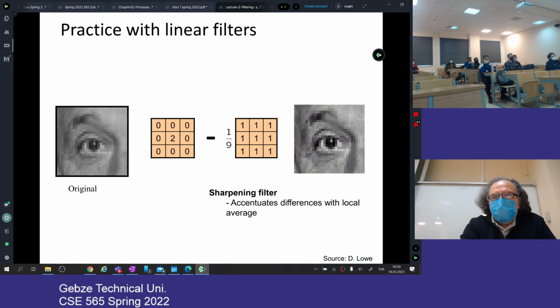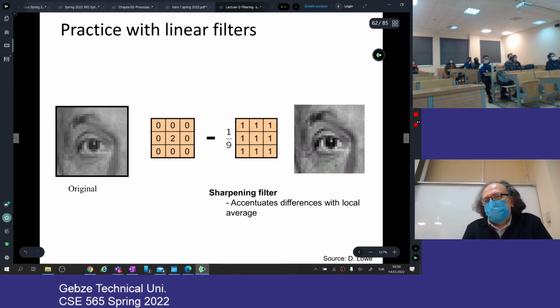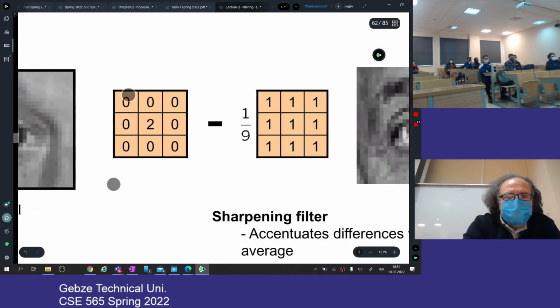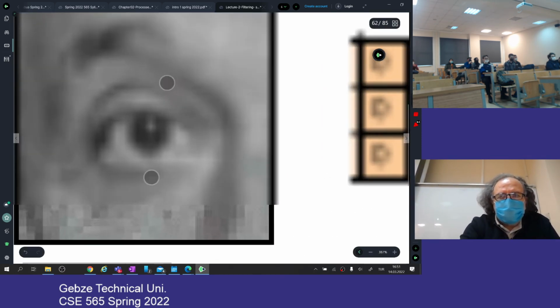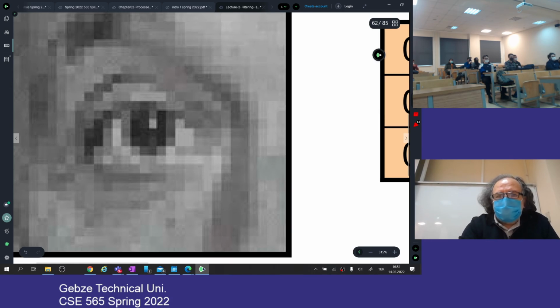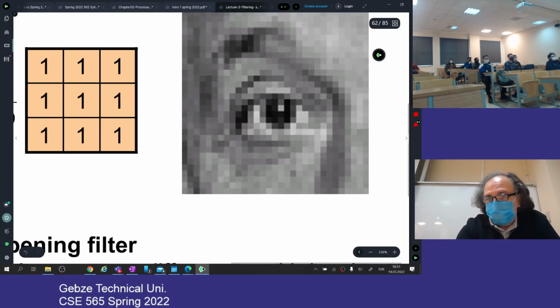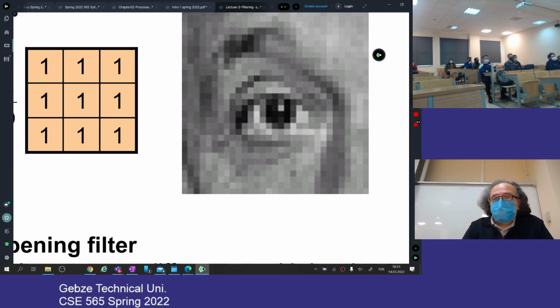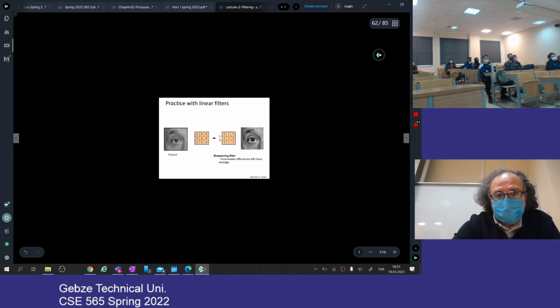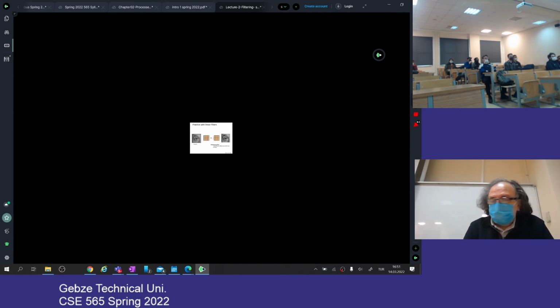Okay, so if I apply it to this one, we think that it looks sharper. Of course, since this is pixelized, it doesn't look that nice, but as you see, the contrast around the center part of the eye is much higher for this one. And if I look at this image from a distance, for our eyes, maybe I should do this. Do you see the difference?